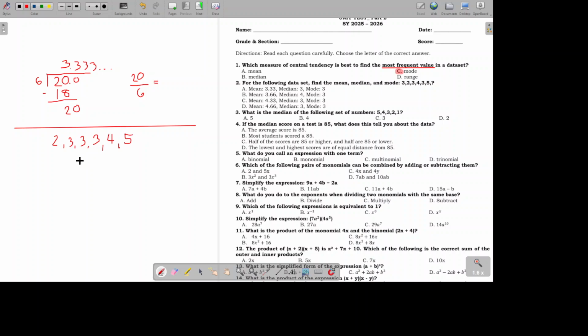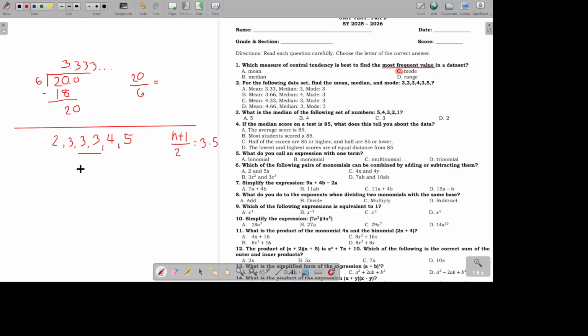So when we say middlemost, that's the n plus 1 over 2 terms. So since we have 6, 6 plus 1 is 7, 7 divided by 2 is 3.5. So meaning between 3 and 4.